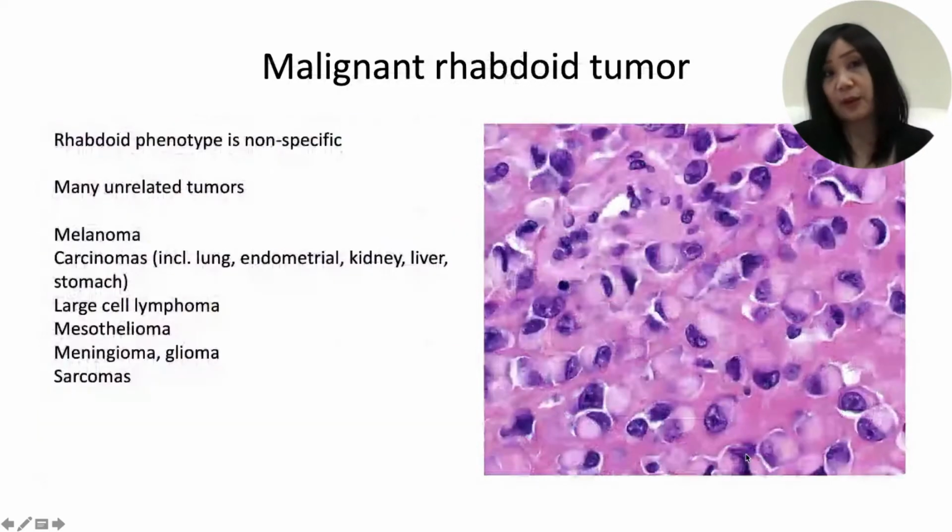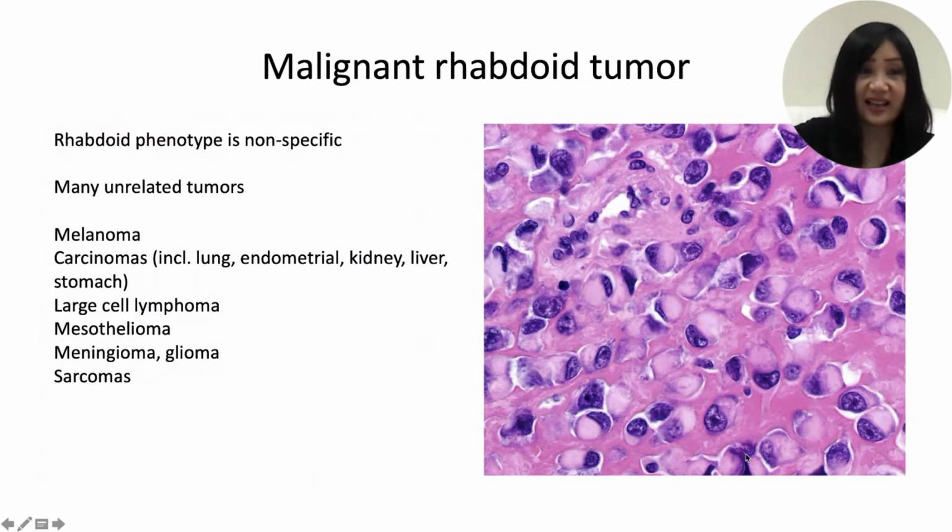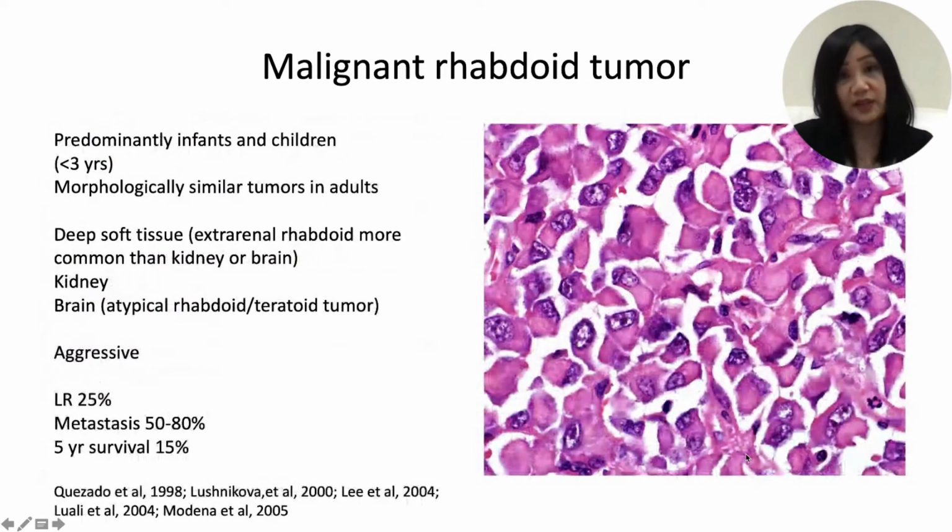And so we know that the rhabdoid phenotype is highly non-specific and is present in many, many unrelated tumours, including in melanomas, a variety of carcinomas, even in lymphoma, some mesotheliomas, some meningiomas and gliomas, and a variety of sarcomas. But malignant rhabdoid tumour predominantly occurs in the paediatric population in patients who are 3 years old or younger.